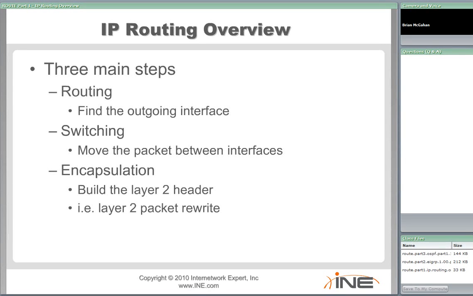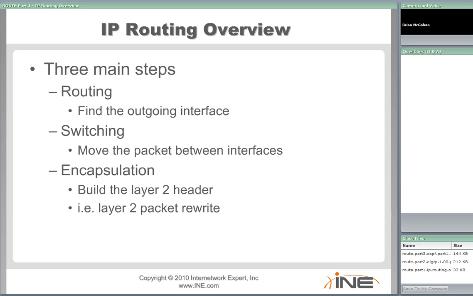So we'll see there is a distinction between how the packets are actually load balanced from a switching path point of view, as opposed to the information in the routing table. So if the routing table says we should load balance, it doesn't necessarily mean that we will. It's up to the switching path to determine if load balancing will actually occur.